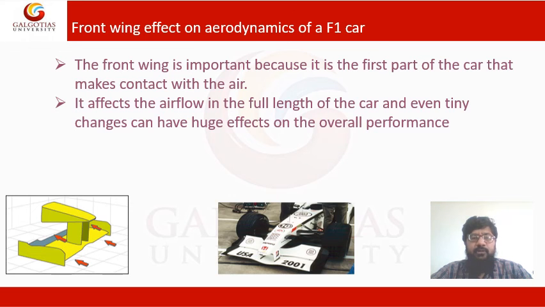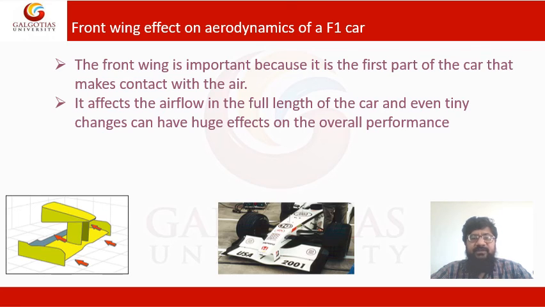Now we will talk about some clever use of the understanding of fluid flow for improving the aerodynamic characteristics of vehicles. For example, all of you have seen Formula One racing cars. They have a different shape and size in comparison to the conventional car.